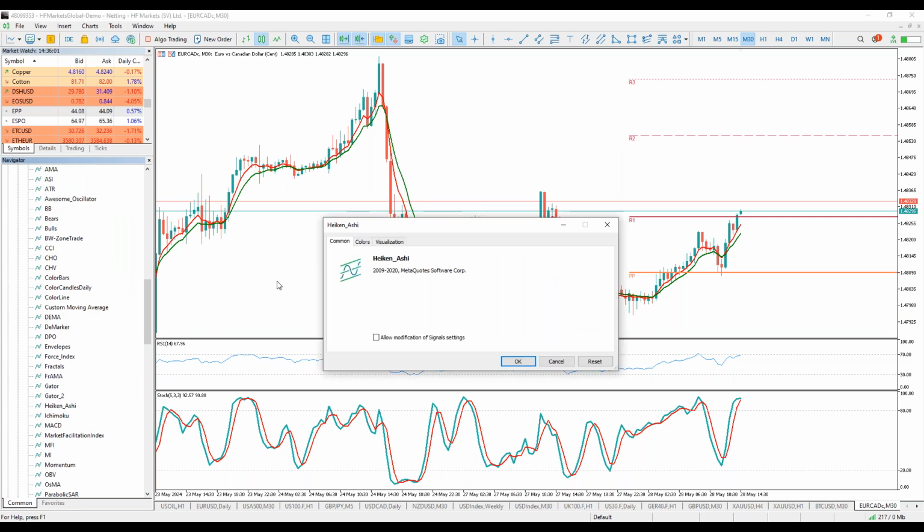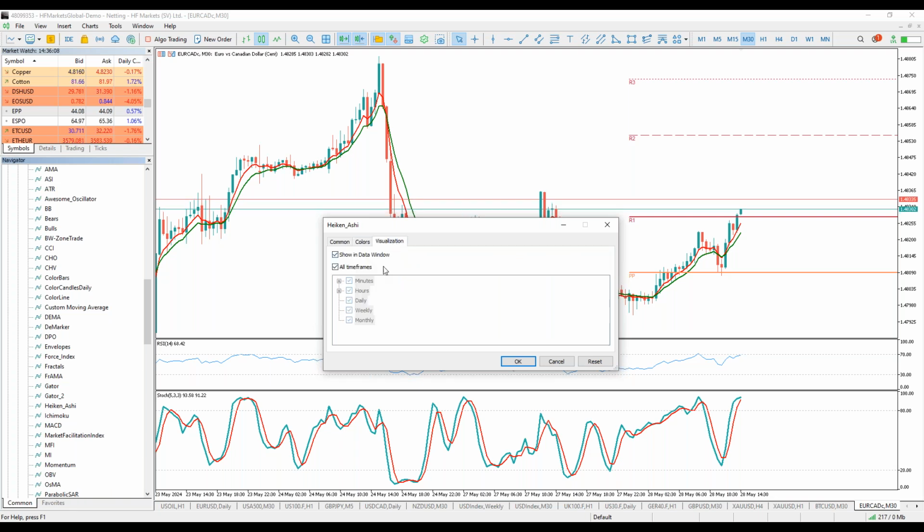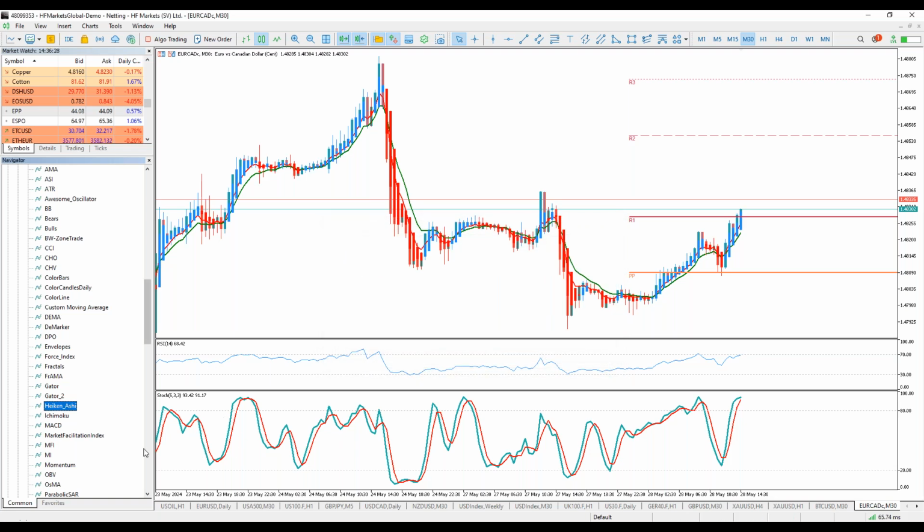You can change the colors, by the way. If you want to see it only in a particular time frame, feel free. If you want to have it in all time frames, still feel free. So yeah, it's the usual Heikin Ashi. There's nothing different between MT4 or MT5. Heikin Ashi is Heikin Ashi.